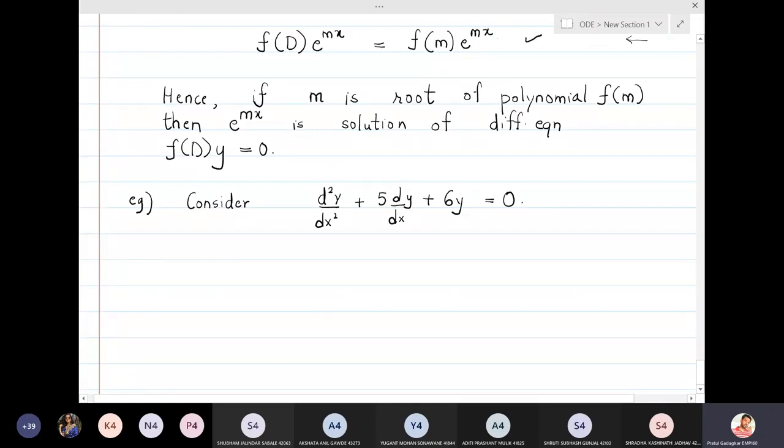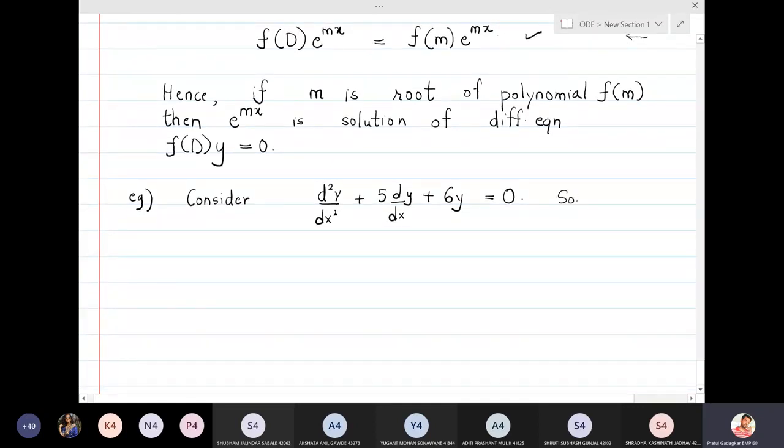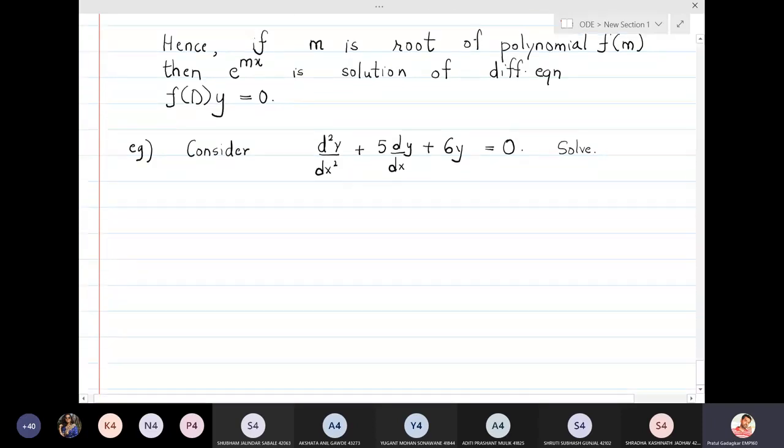So first I will write this in the notation of capital D. So what does this become? d2y by dx square becomes D square y, plus 5 D y, plus 6y equal to 0.